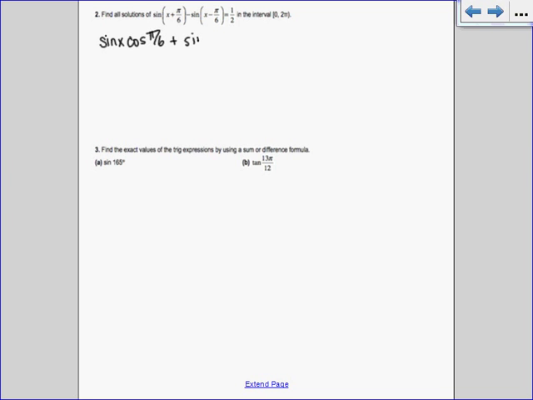Plus, let me write it the way that I showed you in the notes. So cosine of x, sine of pi over 6. That's the first part. Minus sine of x, cosine of pi over 6. Minus cosine of x, sine of pi over 6.